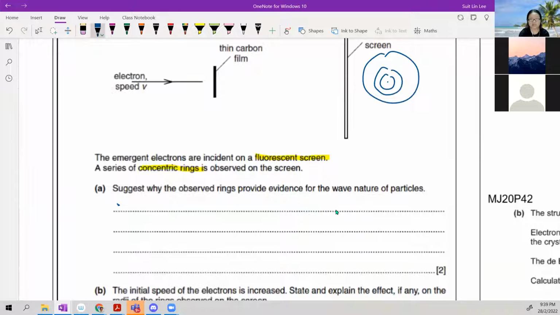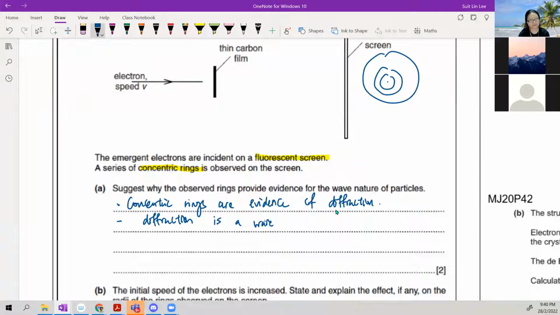So you can say that the rings, or the concentric rings, are evidence of diffraction. And you can helpfully remind them that diffraction is wave nature, or diffraction is a wave property. 1 mark each.